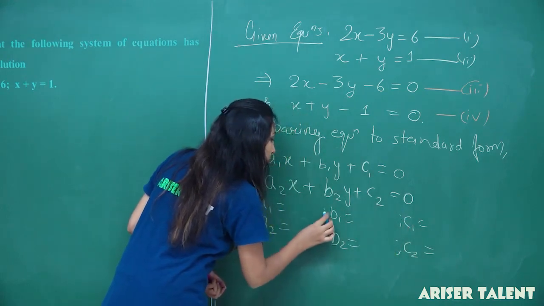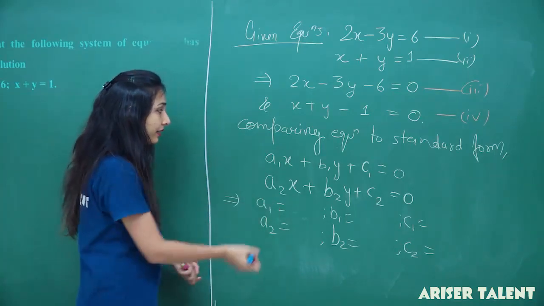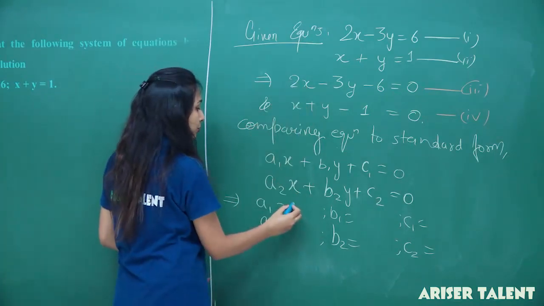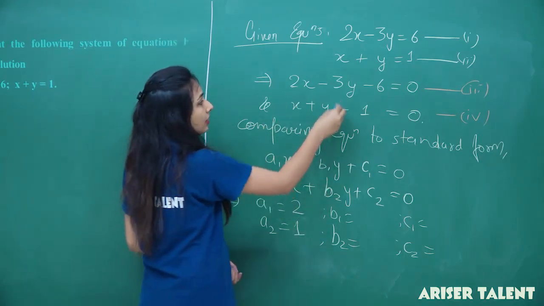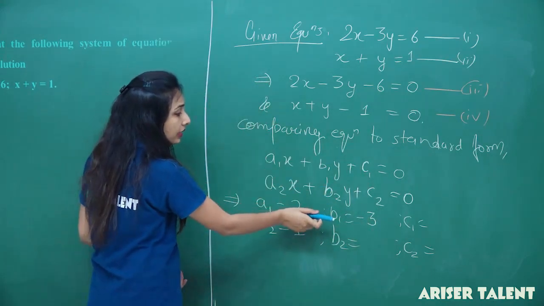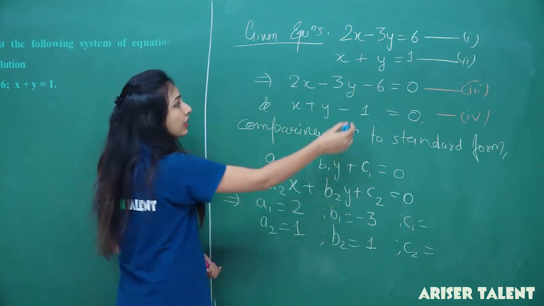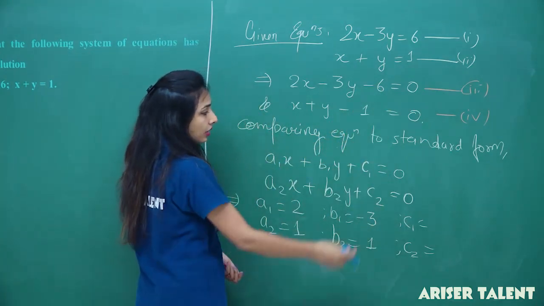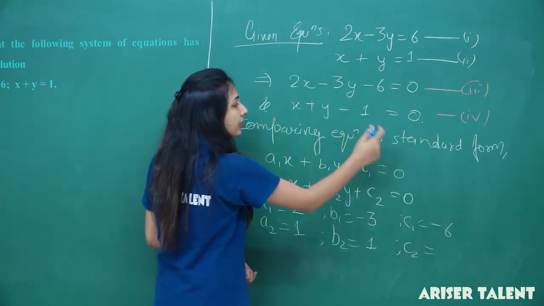Now student, I know you are very good at comparing things, right? So you can just compare it. A1 here is 2, A2 here is 1, B1, the coefficient of y, is minus 3, B2, the coefficient of y, is 1, and the constant term here is minus 6, the constant term here is minus 1.